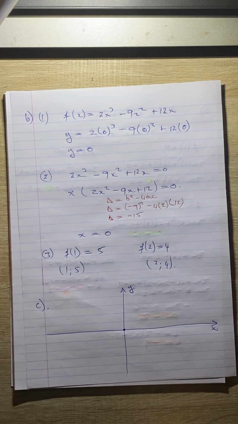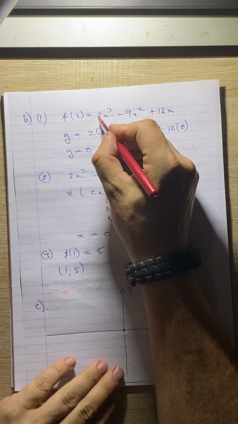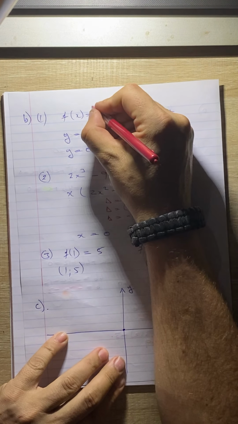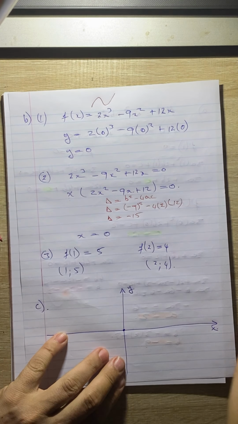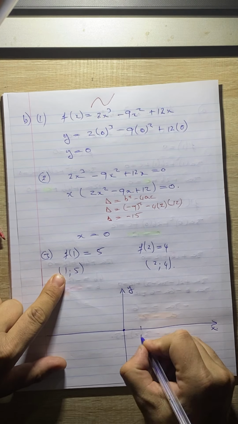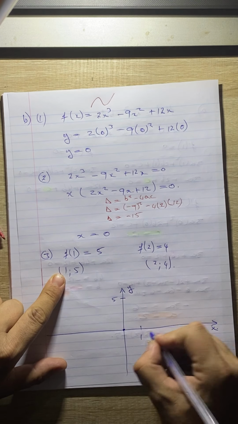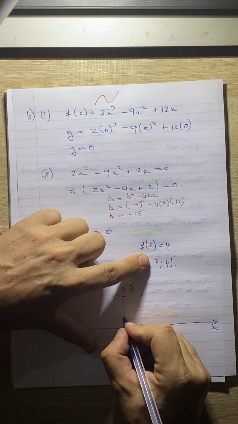Now, just going back to the original one here, remember that this a value being positive means that my general shape is going to look like that. All right, so that's the type of shape I'm looking at. Then we've got a turning point at (1, 5), and then we've got another one at (2, 4).